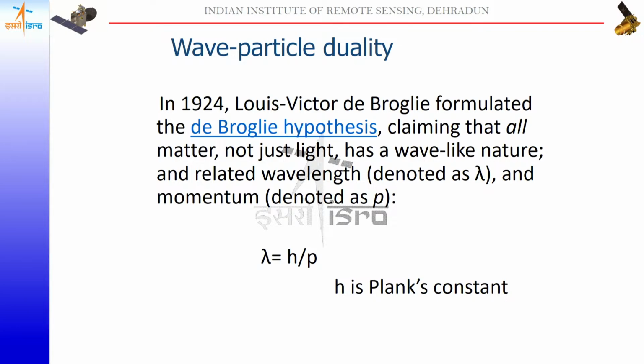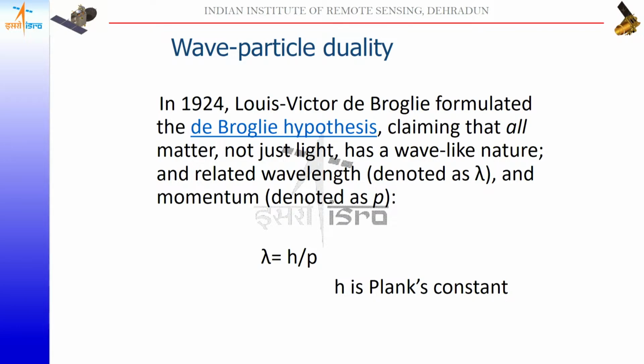There is an equation which is very interesting. This is a hypothesis proposed by de Broglie. What it says is that the momentum of a photon is inversely proportional to its wavelength. Here the wavelength is also called the de Broglie wavelength. You see that momentum is a property of a particle, right? Momentum is mass into velocity.